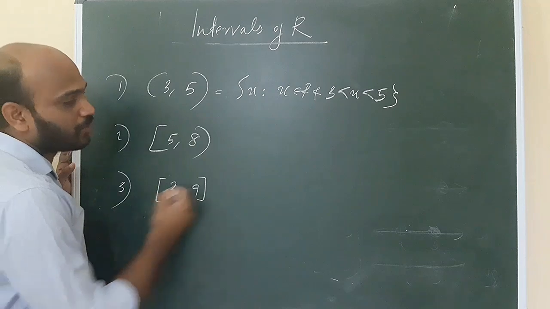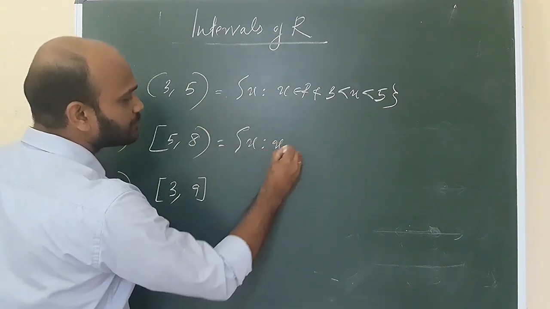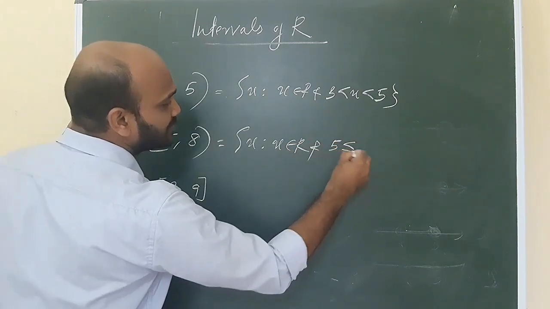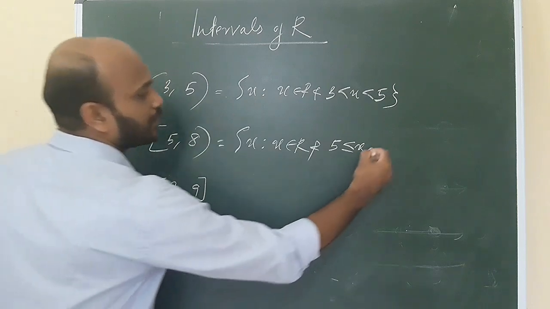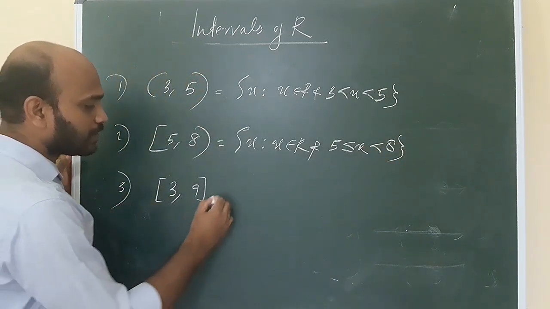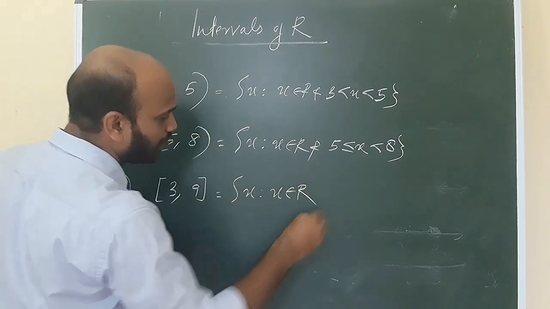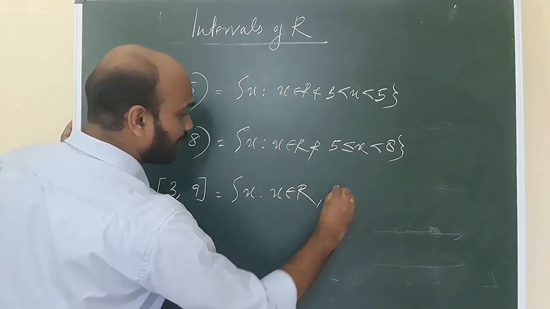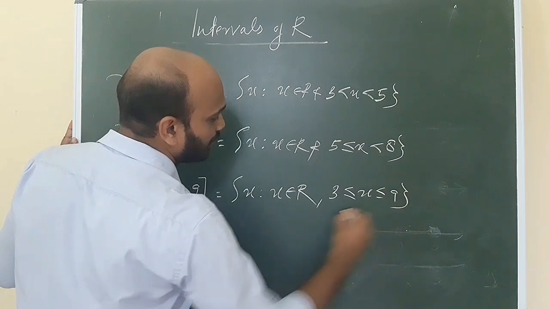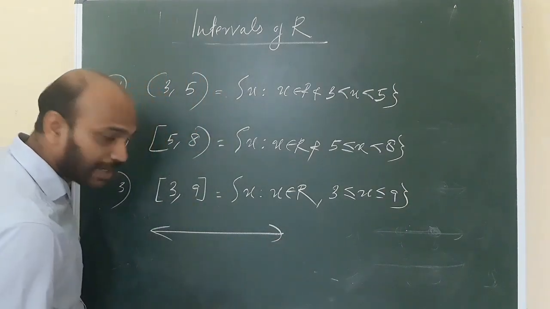Now this one is half closed or half open: the set of all x such that x belongs to R and 5 is less than or equal to x less than 8. That is half open. And this one is closed: the set of all x such that x belongs to R and 3 is less than or equal to x less than or equal to 9. How can we represent this one on a number line? So you have to draw like this.